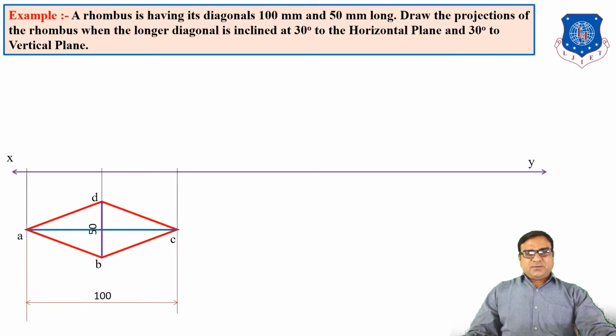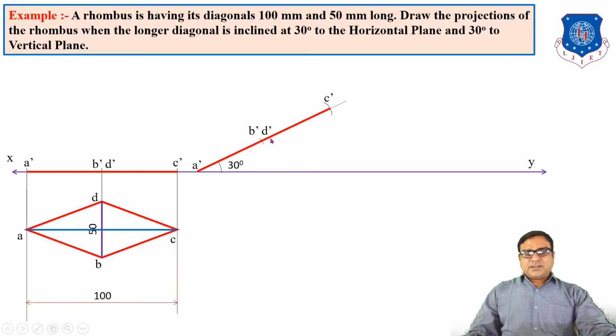So the front view line is A dash, B dash, C dash, D dash. Now when we incline the longer diagonal at 30 degrees with HP, then in our next stage, the third stage, put A dash on XY, draw one line of length L which is inclined at 30 degrees, and put A dash, B dash, C dash, D dash, all the points.